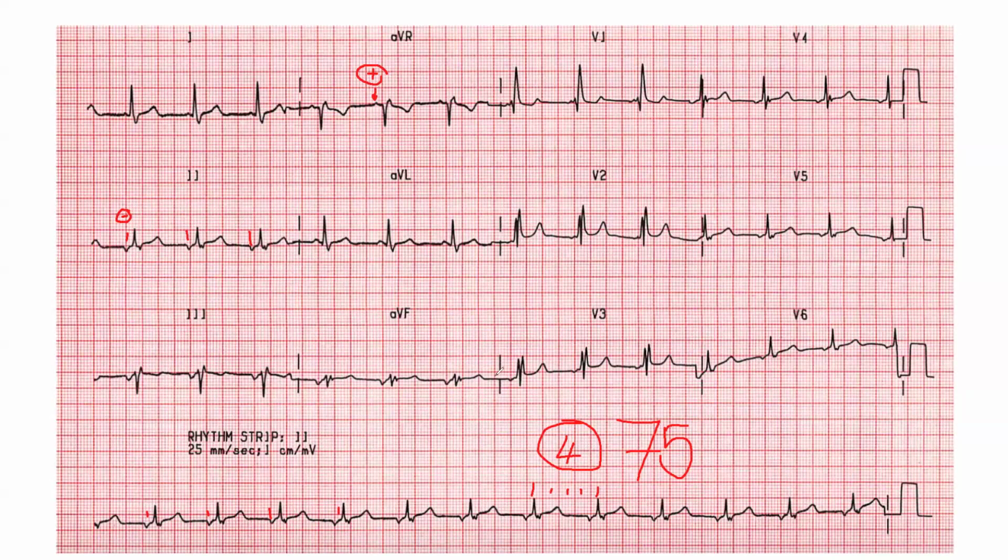What does it mean? This is a junctional rhythm because the atrium is activated the opposite way. It's not an escape one because the rate is 75, so that's a junctional acceleration.